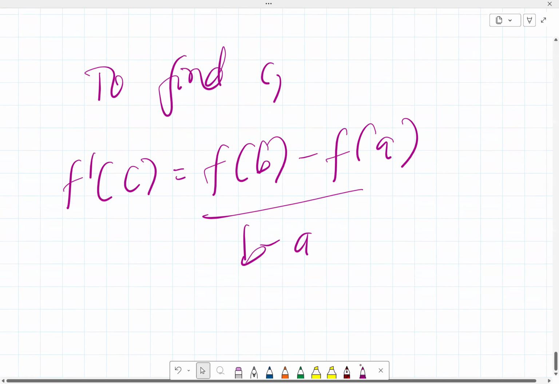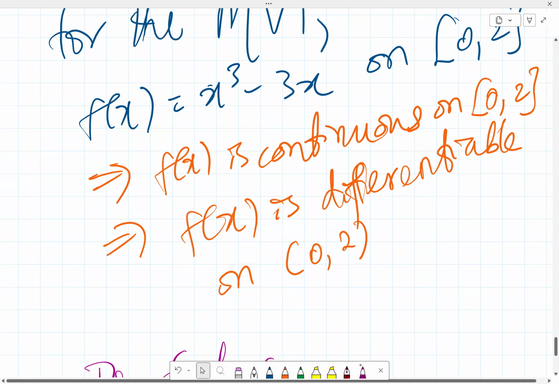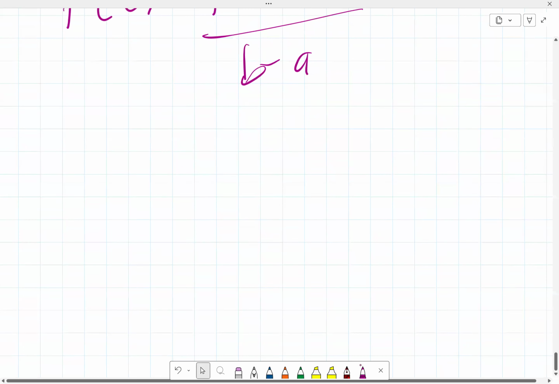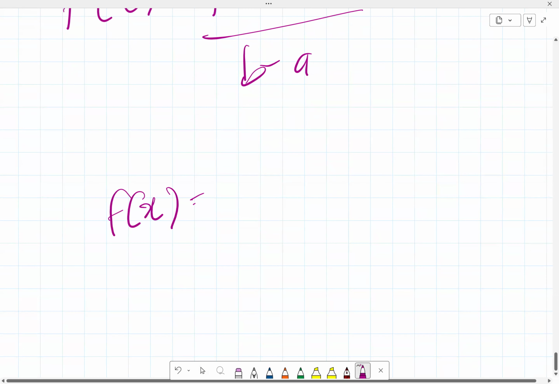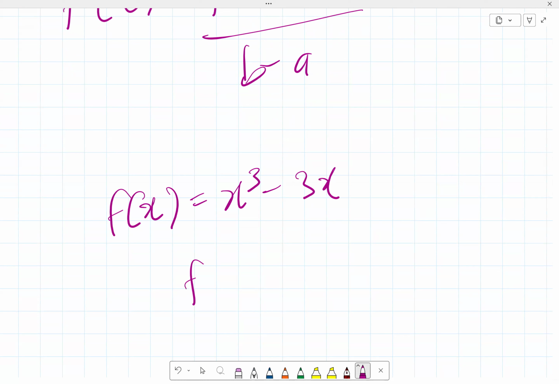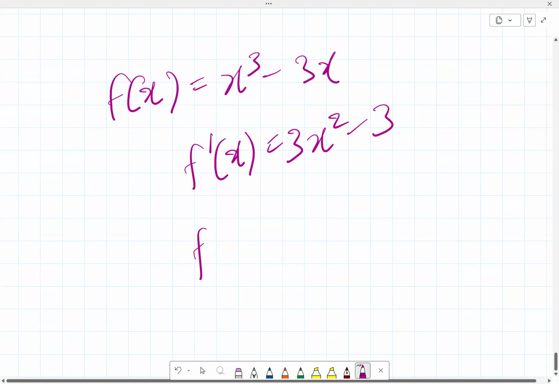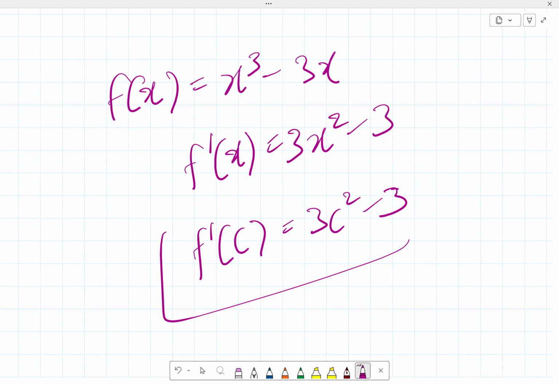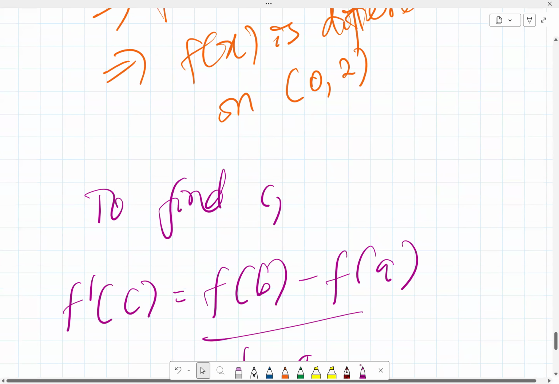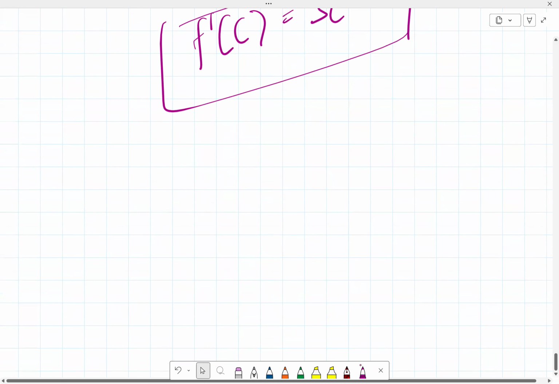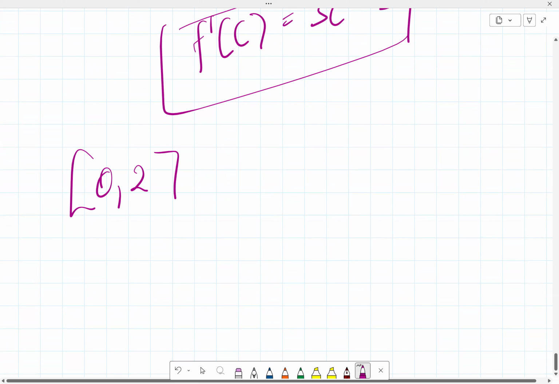So f prime of C means we need to differentiate. We already know that f of x is equal to x cubed minus 3x. That means f prime of x is equal to 3x squared minus 3. So f prime of C will be equal to 3c squared minus 3. Then we need f of b and f of a. We already know we have 0, 2, so that is our a, b.